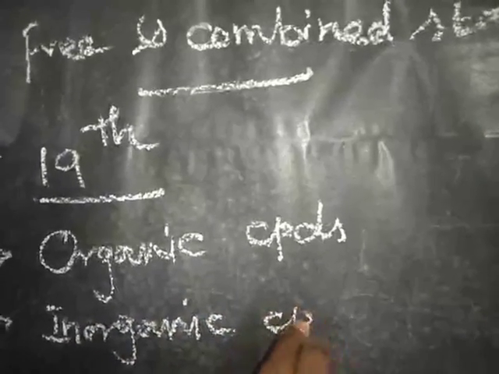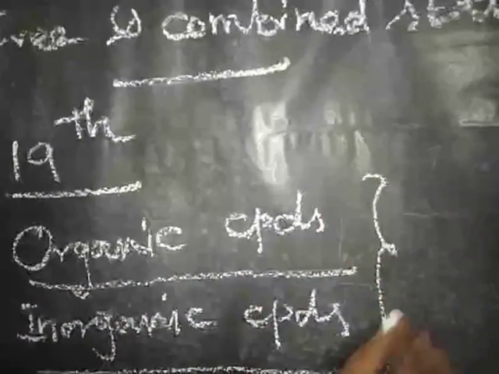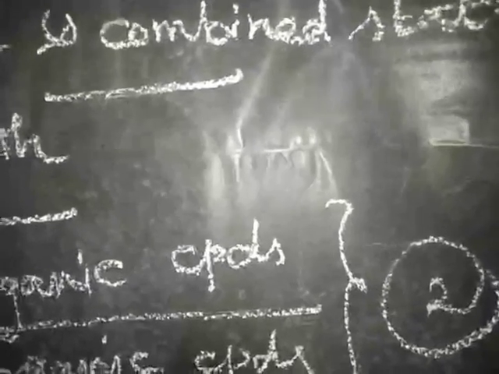One is organic compounds, another one is inorganic compounds. Based on their what? Sources. So carbon compounds can be classified into two types: organic compounds and inorganic compounds.